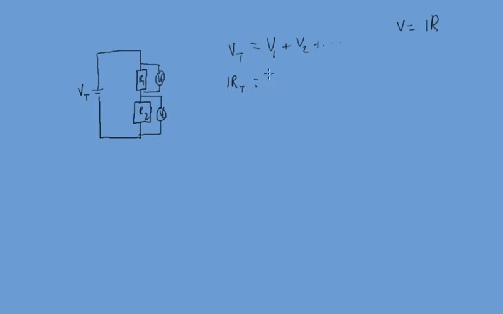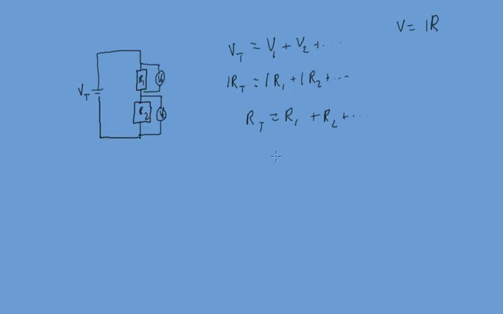So V equals IR is going to be the total I times the total resistance, equals the current in R1 plus the current in R2, and so on and so forth. And that then gives us, for a series circuit, the total resistance is the sum of all the resistances in series.